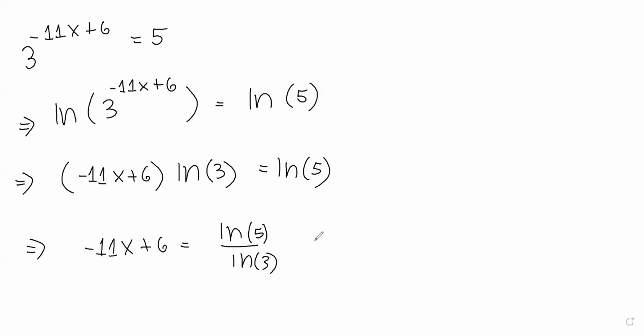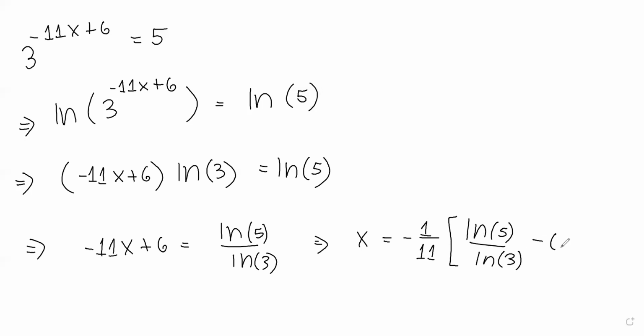And remember, we subtracted both sides by 6 and multiplied by the reciprocal. So we had ln of 5 over ln of 3 minus 6. It's the same exact calculation.